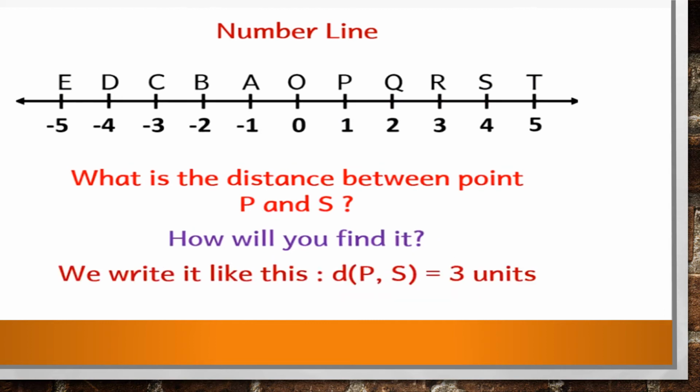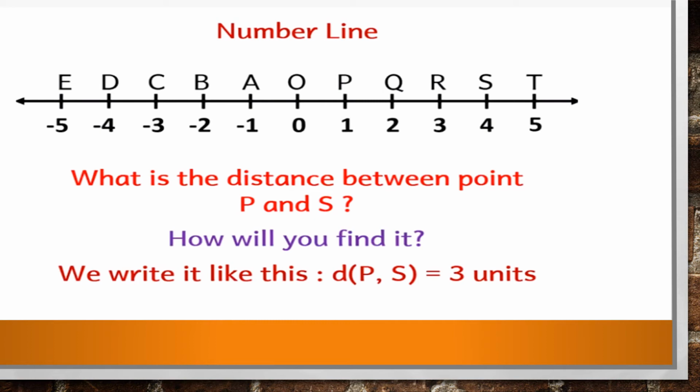Okay, very simple. Now let us see what is the distance between P and S. So you have got this. How did you find it? It is very simple. You subtracted the smaller value from the greater value. And how do you write this? We write it like this: D means distance, bracket P and S. Which two coordinates were we finding the distance between? Between P and S, right?